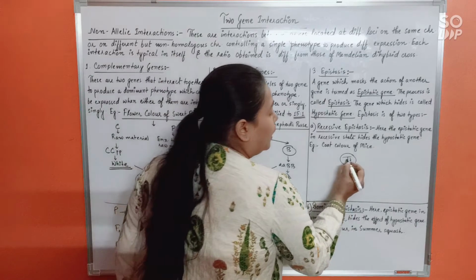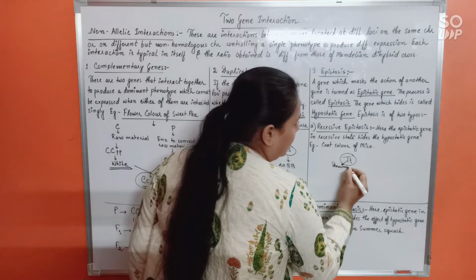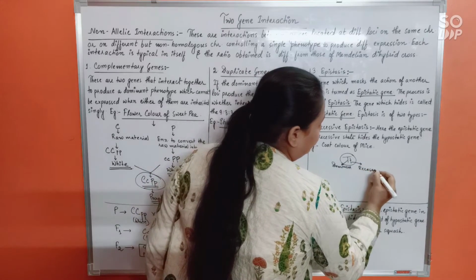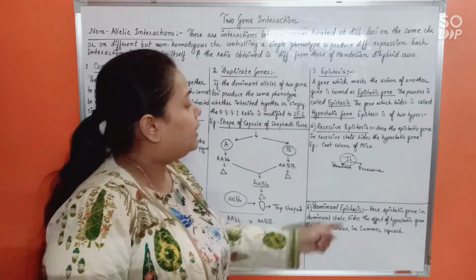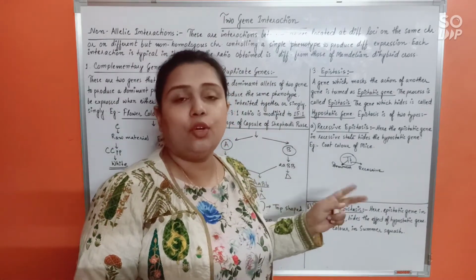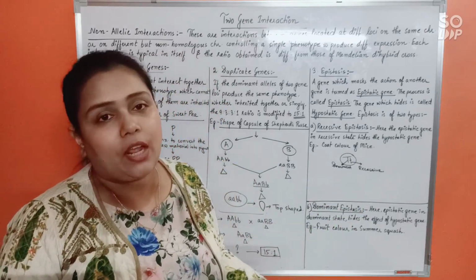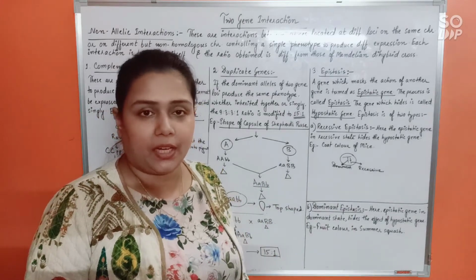So we call capital T the dominant allele and small t recessive, or wild type and mutant type. But this was allelic interaction. Right now we are talking about non-allelic interaction, two different genes interacting with one another.